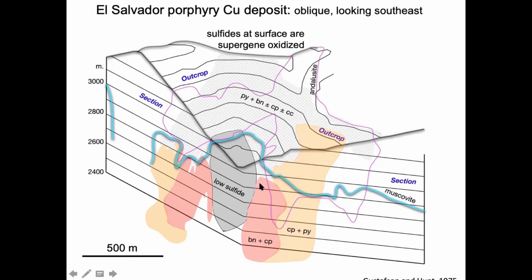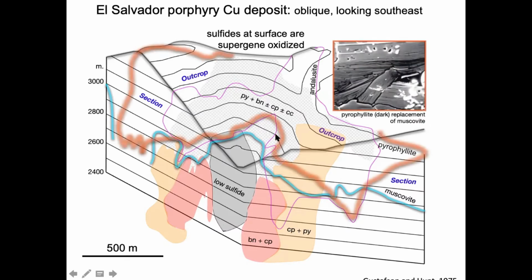But when we look in cross-section, we see that at depth, around the latest intrusion, we have a zone of bornite, chalcopyrite and chalcopyrite plus pyrite. This is the ore zone that's being block caved at El Salvador.